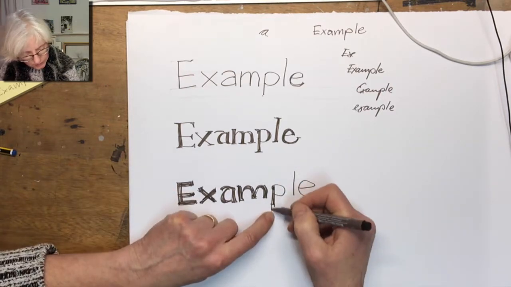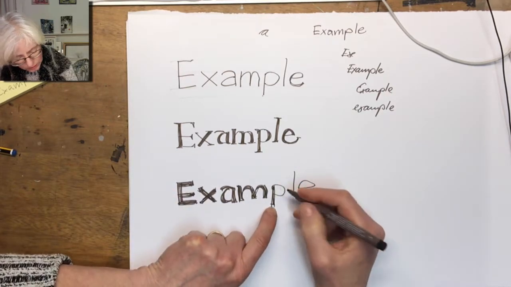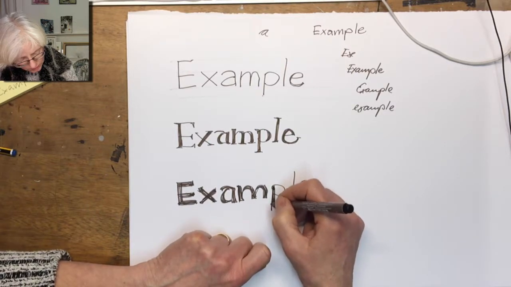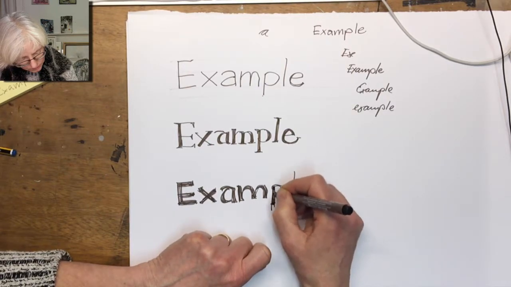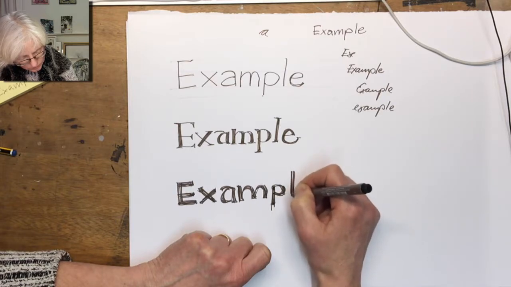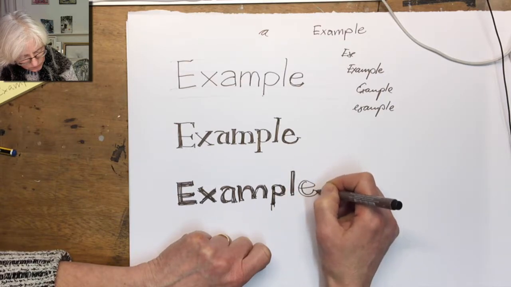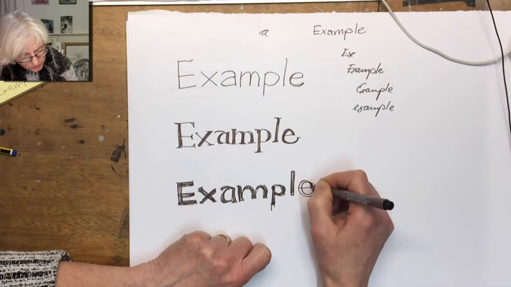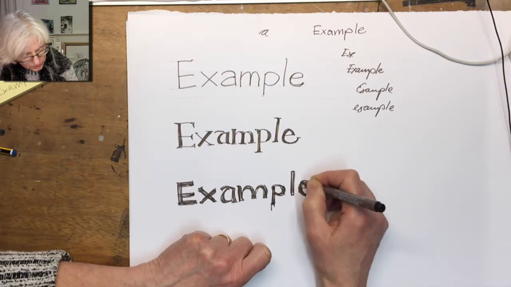And here the descender is too long, so I just do it like this here. But of course, it's easier if you use a thicker marker.